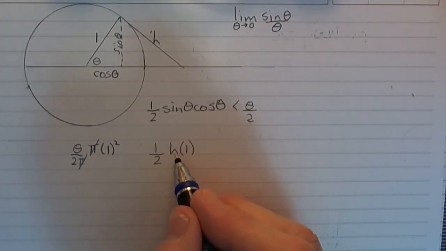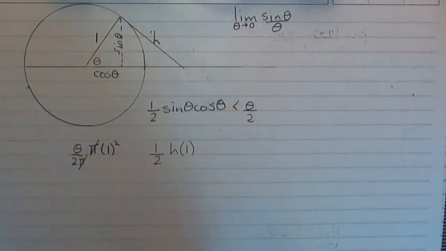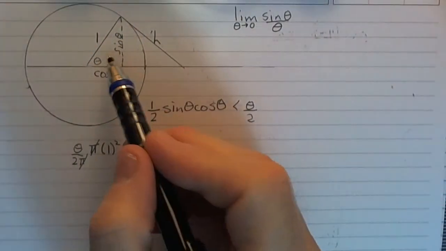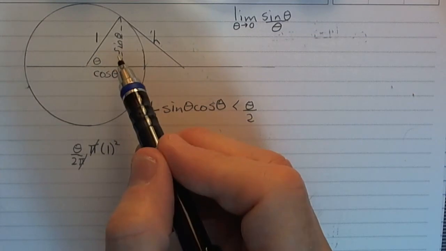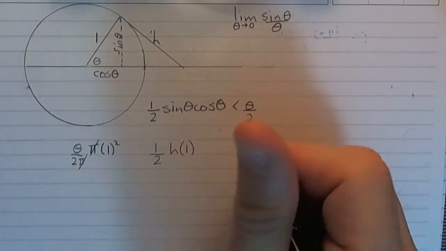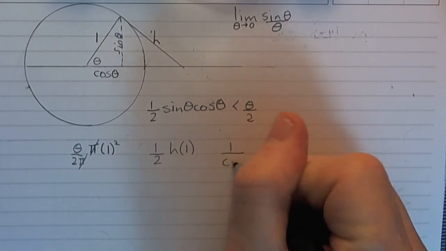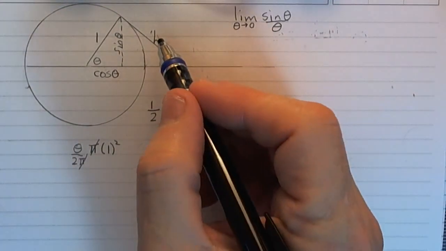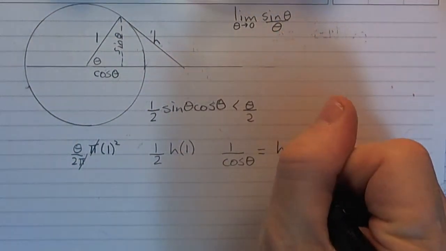It'd be nice if we knew what h was in terms of sine and cosine. Fortunately, we've got similar triangles here. The similar triangles tell us that 1 is to cosine as h is to sine.